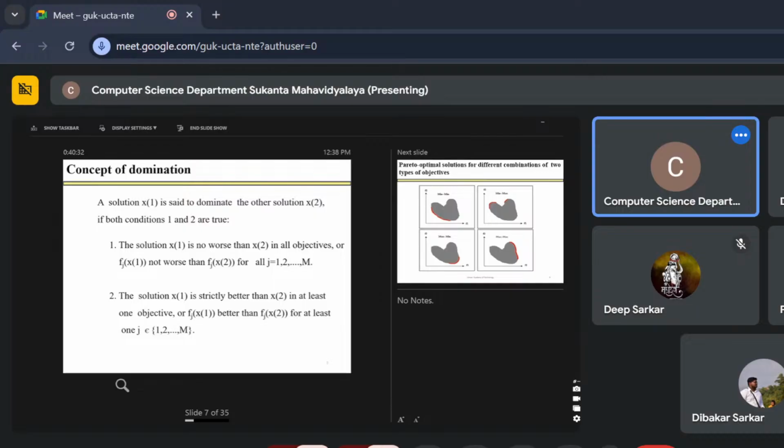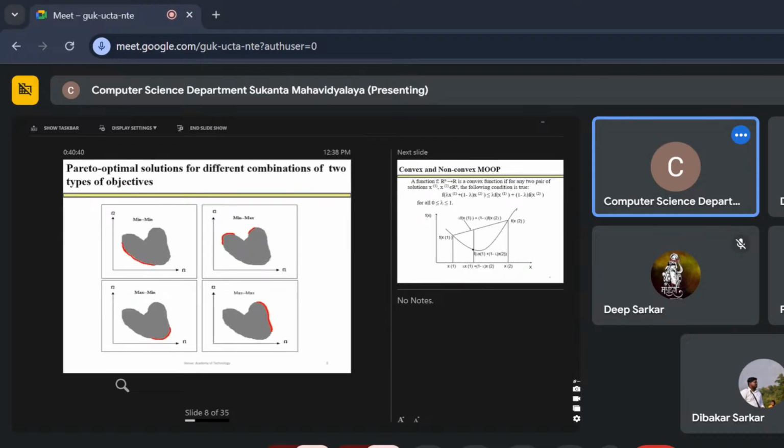Now here, what we are dealing with, is it objective space or decision space? Objective space. Why? Because we are considering the functional values, f1 and f2.